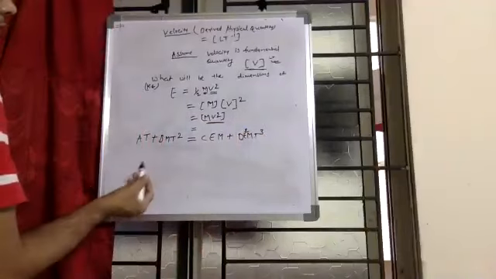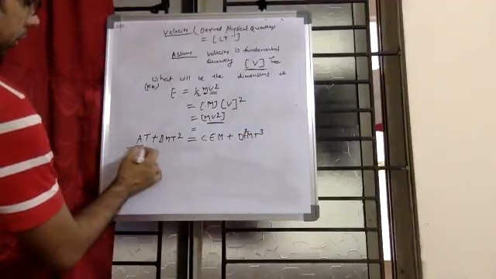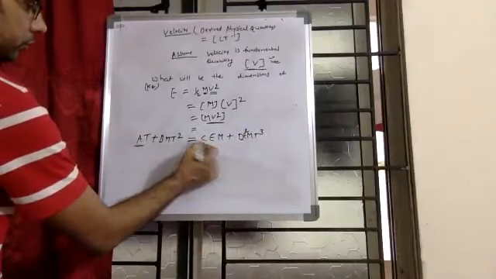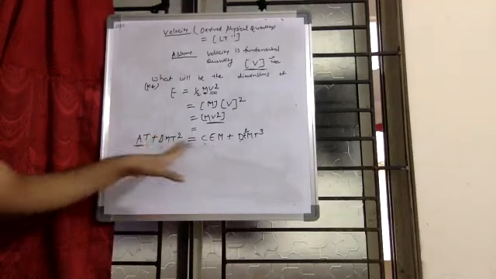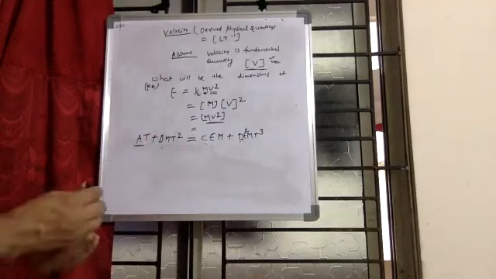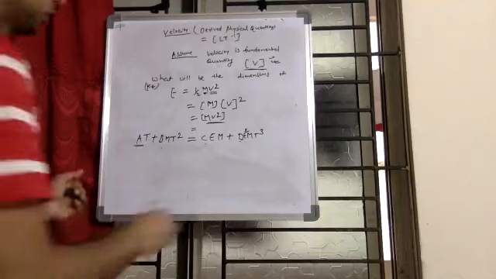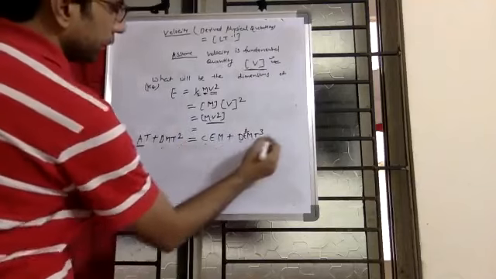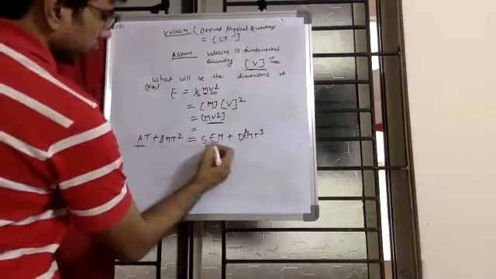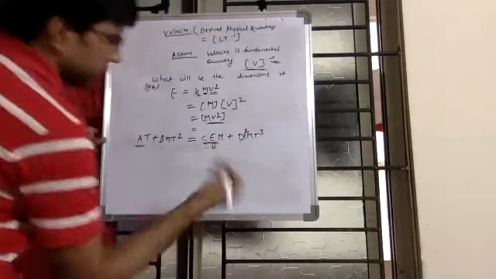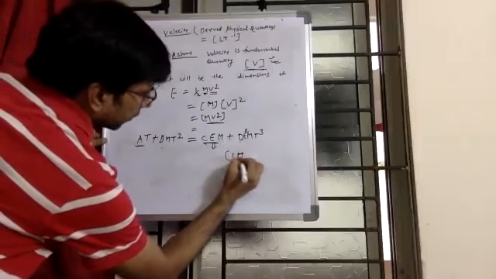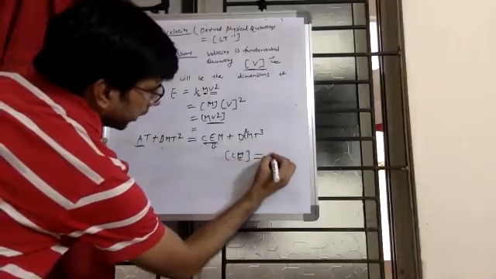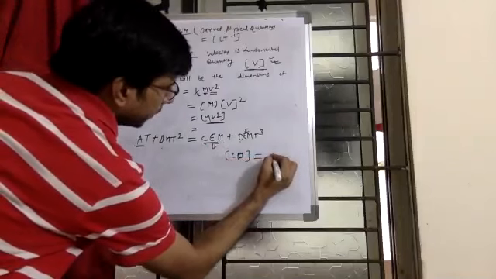Then they will ask us to tell the dimension of this A, B, C, D. So here we have to think, there is something that gives us a hint. They will say the dimension of CE is T.